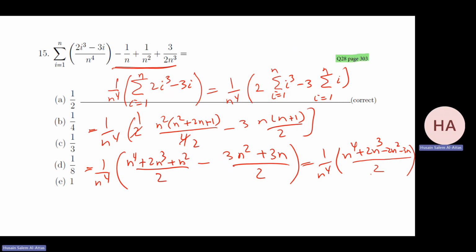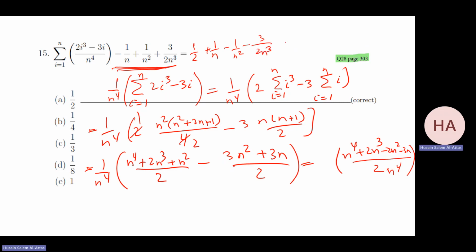I have n to the power 4. Now I'll distribute, or I can make this n to the power 4. So simplified, that will be half plus 1 over n, minus 1 over n squared, 3n over this minus 3 over 2n, minus 3 over 2n cubed.